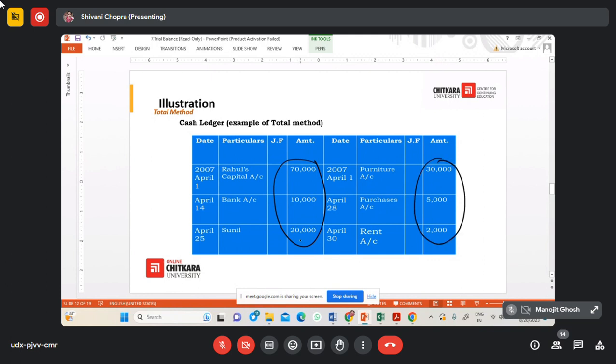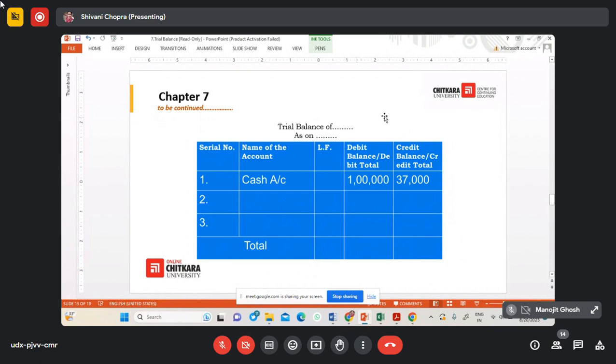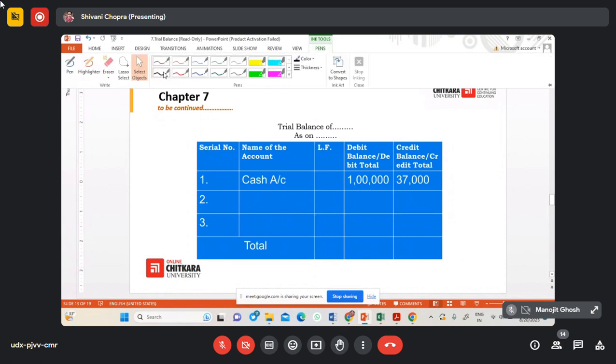You will get the total 70 plus 90 plus 20 plus 90 plus 1. So here we'll get a total of 1 lakh, and here we will get a total of the other side. So these are the amounts that we will take to the trial balance in front of the account. So that's how we prepare a trial balance, right?